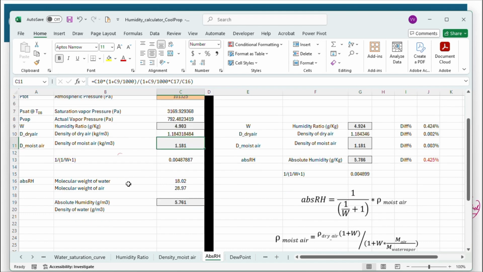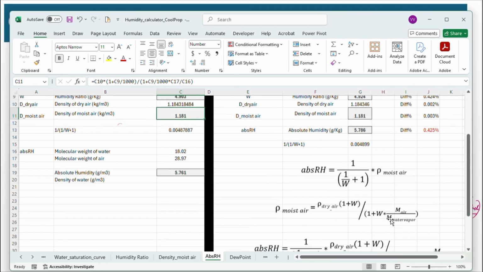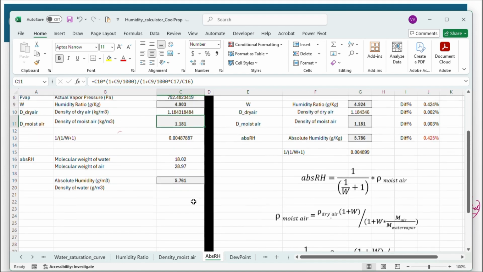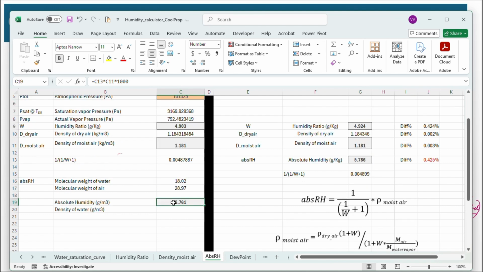And then use the formula that's shown here to calculate the absolute humidity. And the value here is multiplied by 1,000 to get the value in grams instead of kilograms. So that's 5.61.